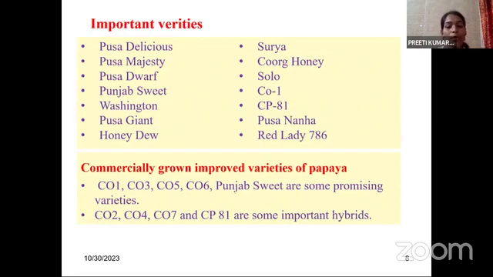Punjab Sweet is the most promising variety. These are very important commercial varieties. And CO2, CO4, CO7, and CP81 are the most important hybrids. So the last four are the important hybrids, and the others are the mostly grown ones.